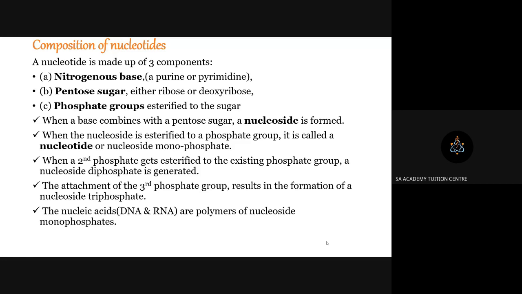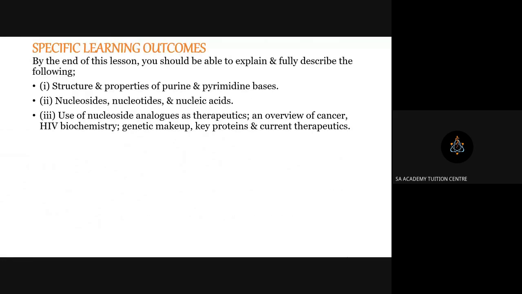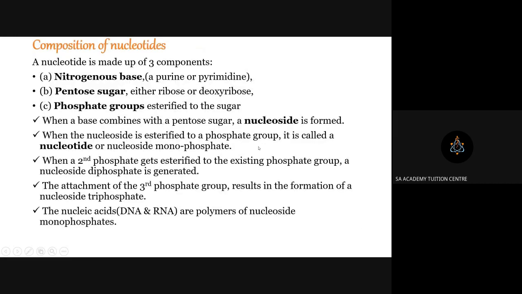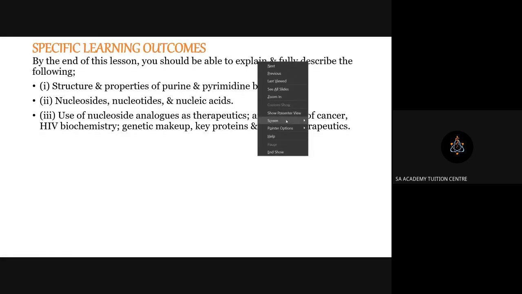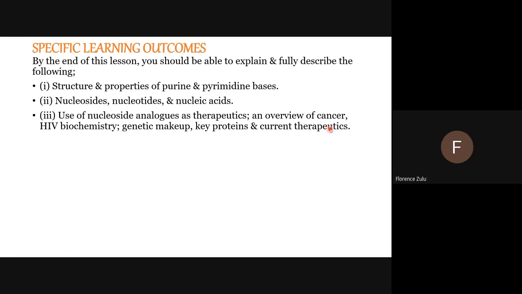Florence, unmute yourself and tell us the two different sugars that we have that are found in the nucleotides. A ribose sugar and a deoxyribose sugar.